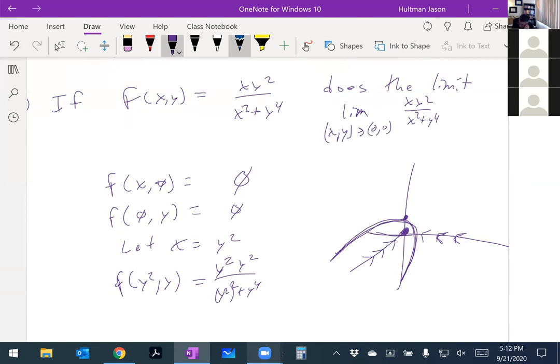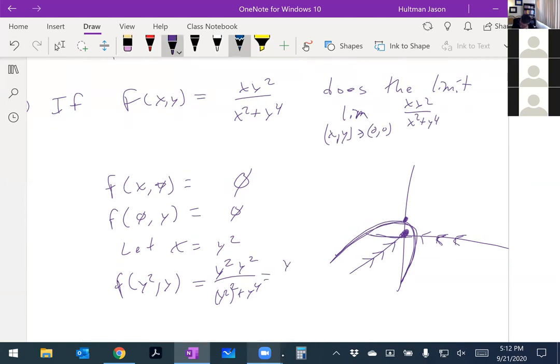So this is going to be y to the 4th over y to the 4th plus another y to the 4th. That's 2y to the 4th. Cancel, cancel. We get 1/2. Look at that. We approached (0, 0), but we ended up with z equals 1/2, which is above 0. So yeah, the limit does not exist here.